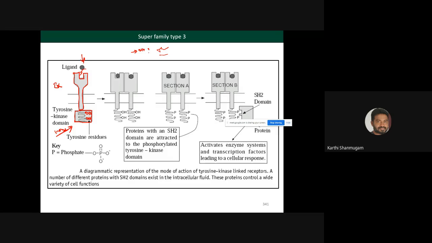In this specific case, these are tyrosine amino acids. Tyrosine has a side chain that is a phenyl ring to which an OH group is attached. We have many tyrosine residues here because the name of this receptor is tyrosine kinase linked receptor. This OH illustrates the side chain of tyrosine. Is it understandable?